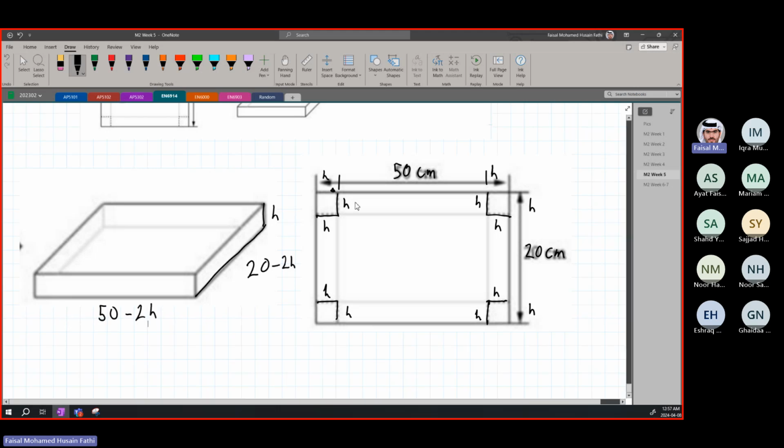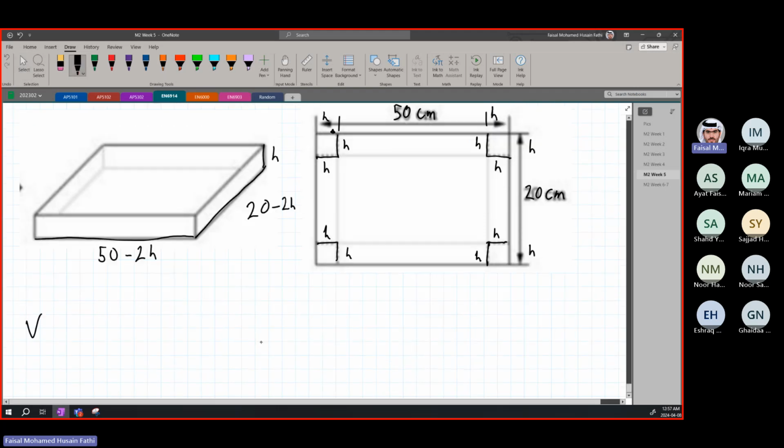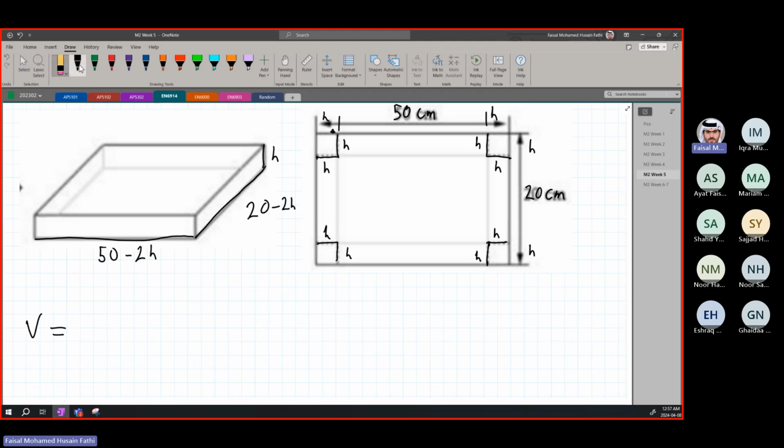Now that we have all of this, we can determine the volume equation. Volume is equal to length times width times height, right? This is our length, this is our width, and our height, let's keep it as blue. This h is blue.